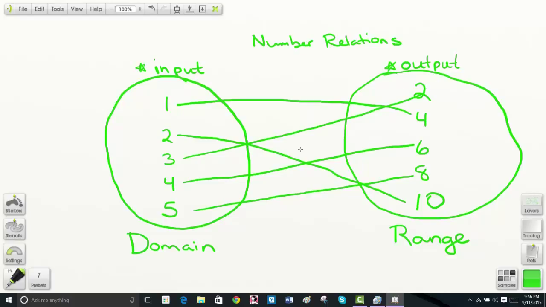Another way of saying this is to talk about the input as being the independent values, and that the output are the dependent values.